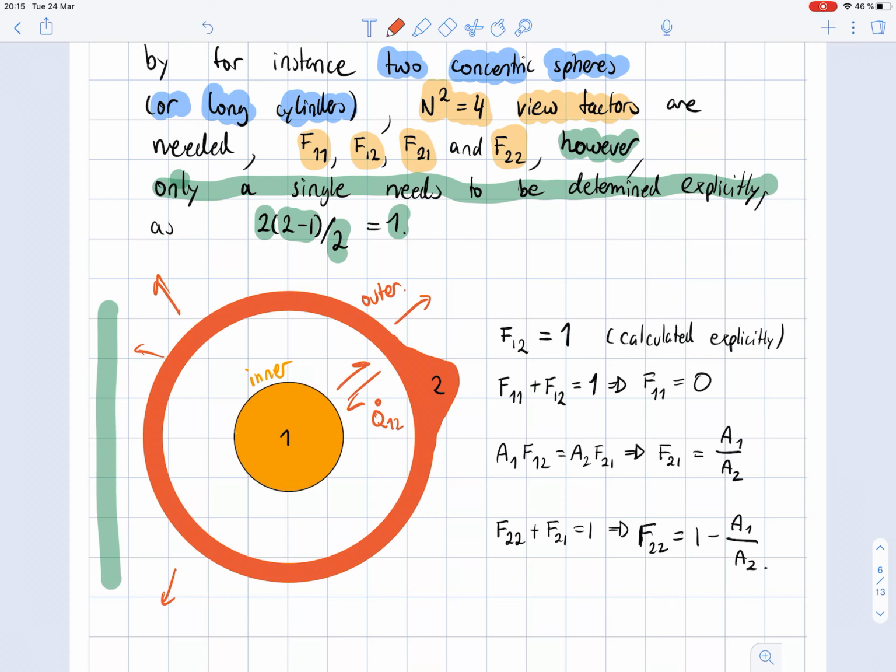So the easiest way to determine all of the view factors here is to note that F12 equals 1.